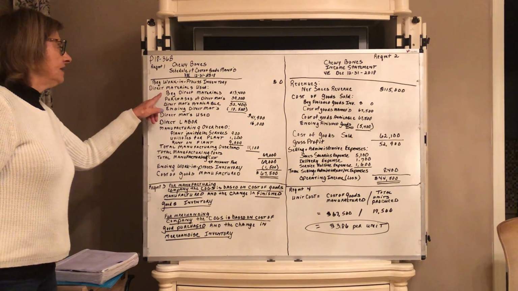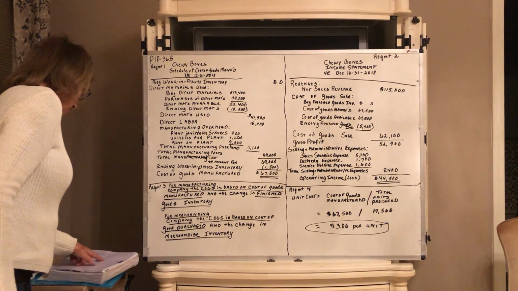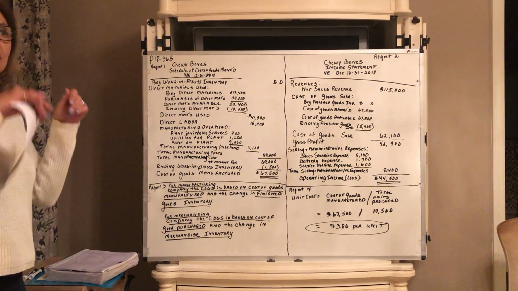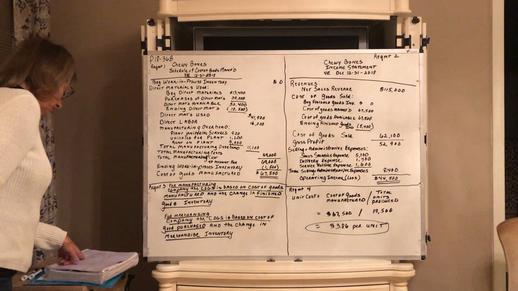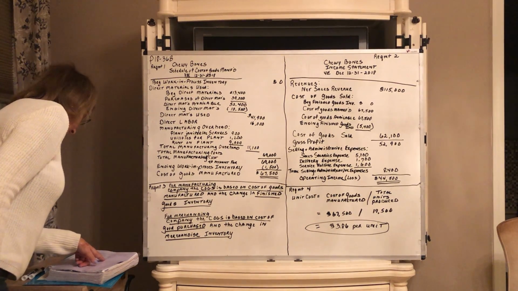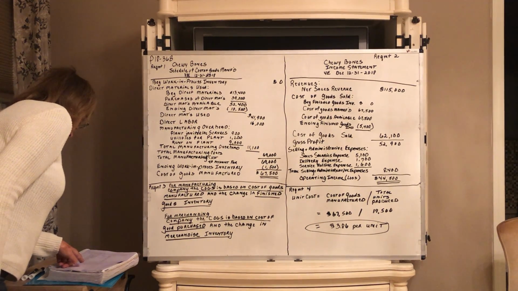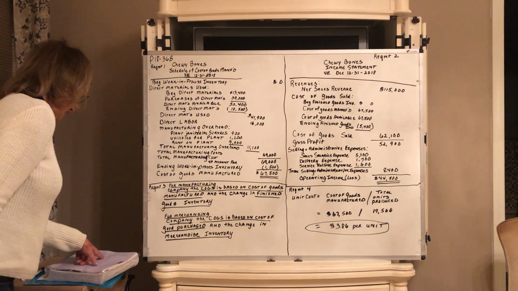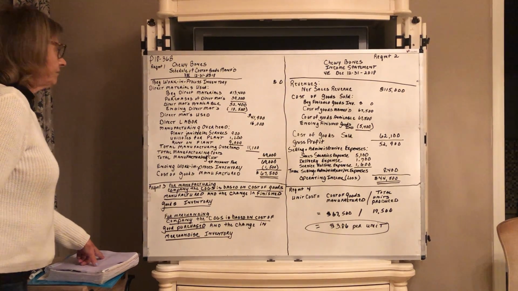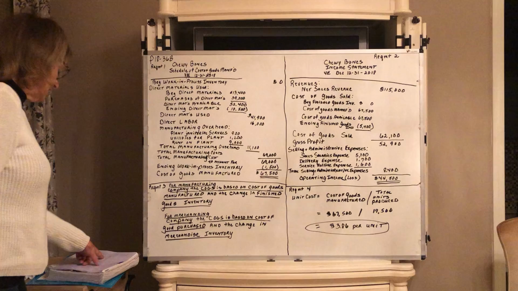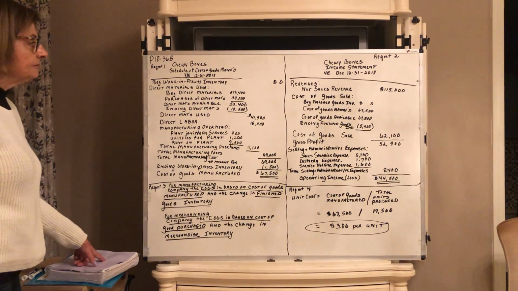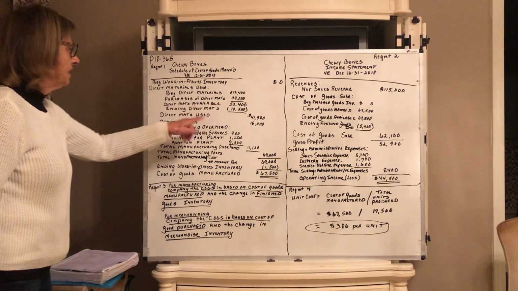So we have our beginning direct materials right from the book. If you're on Pearson, it'd be in the little icon, you'd get that information if you're not looking at the book. Direct materials would be $13,400, and then the purchases of direct materials would be in the other, and that's $39,000, right here and here.